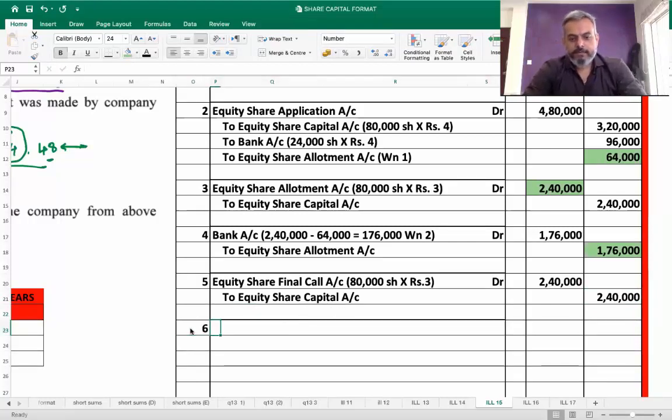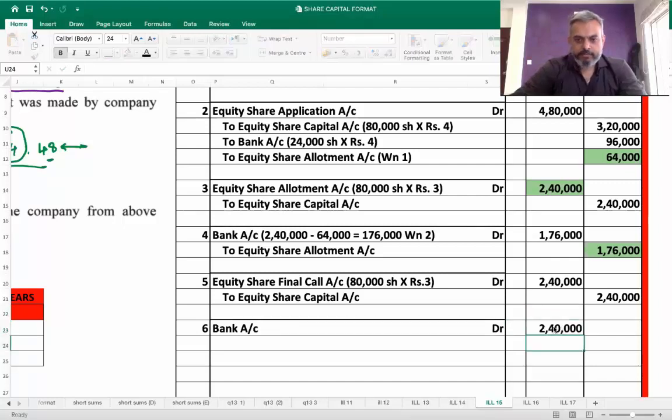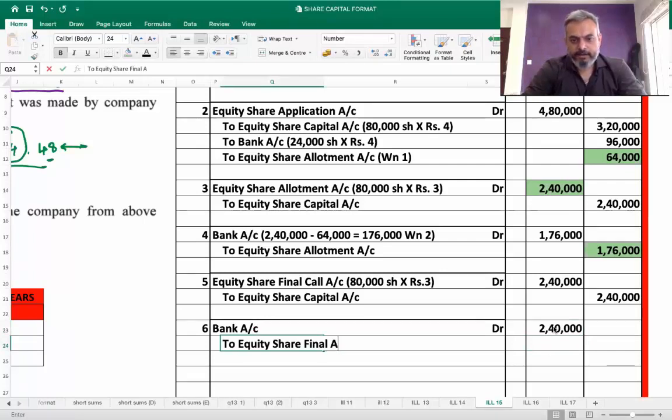Sixth, bank account debit 2,40,000 to equity share final call account, 2,40,000.